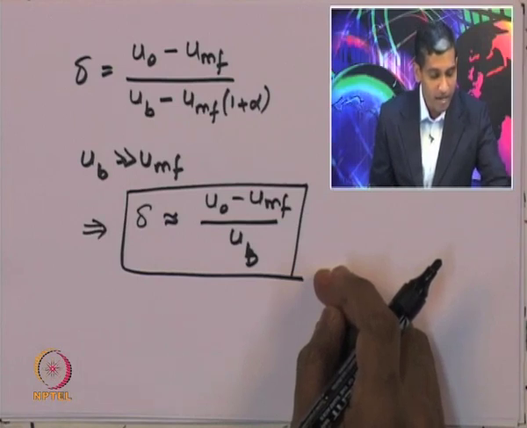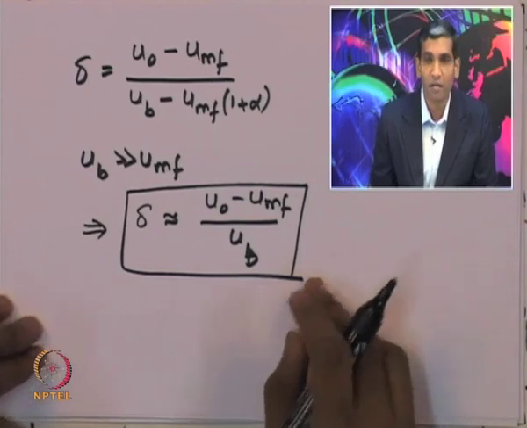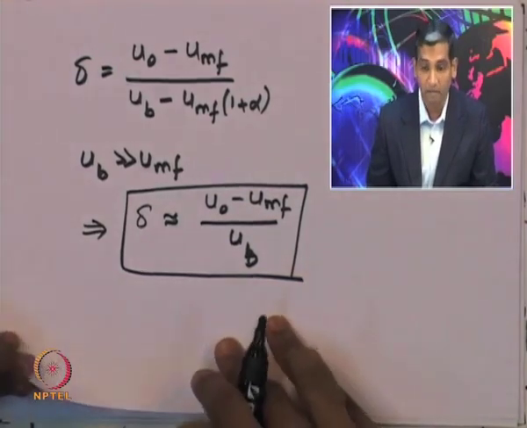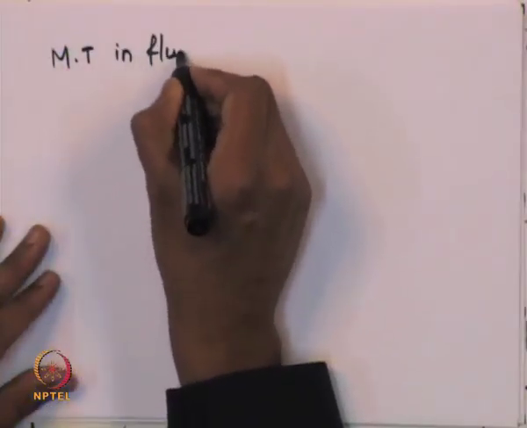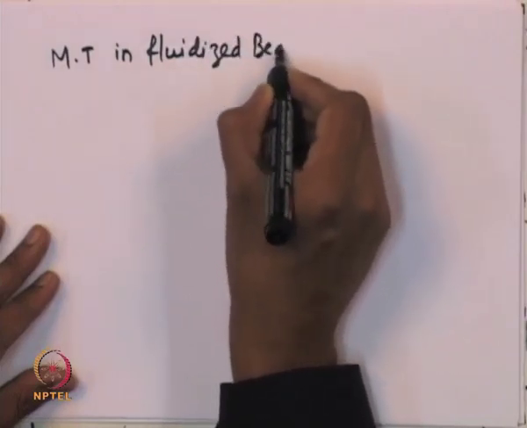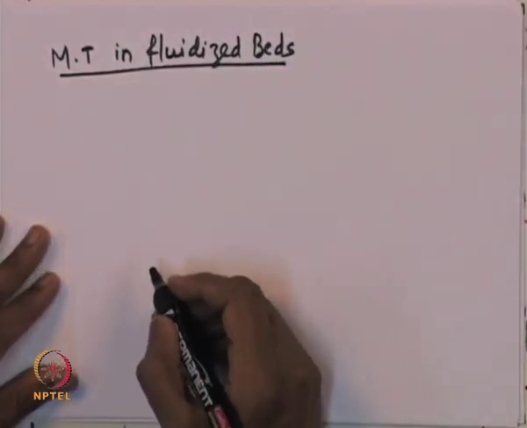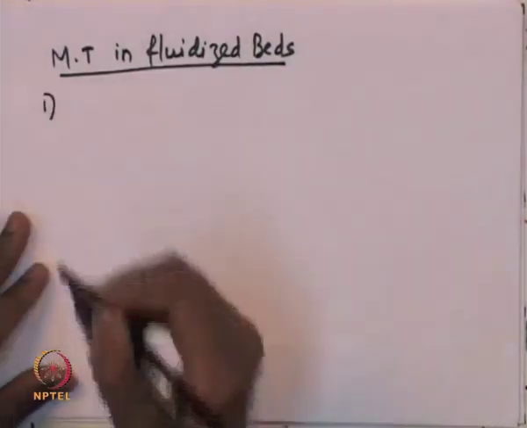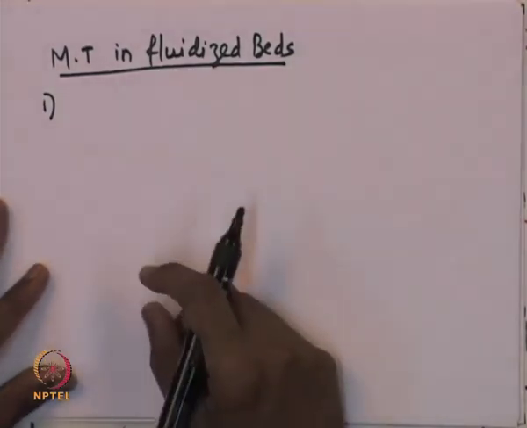So the next exercise is to characterize the mass transport in the fluidized bed reactor. Now there are two forms of mass transport which occur in the fluidized bed reactor.